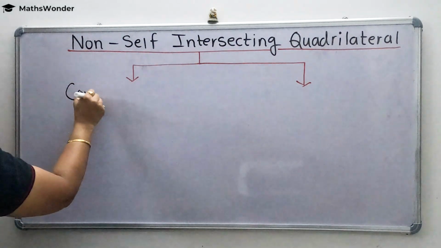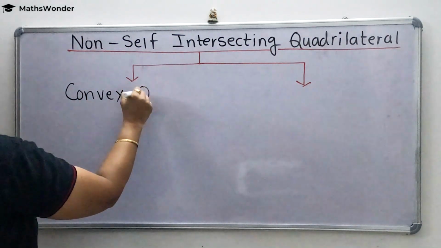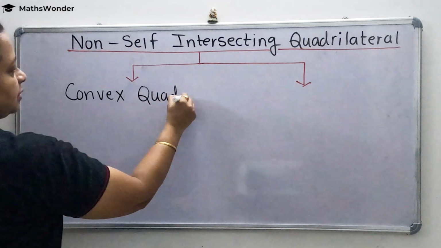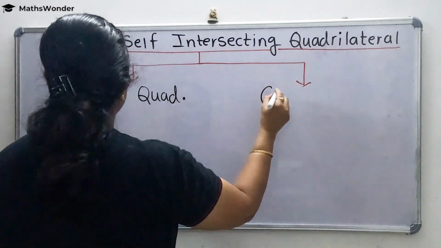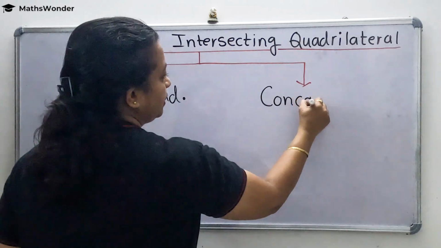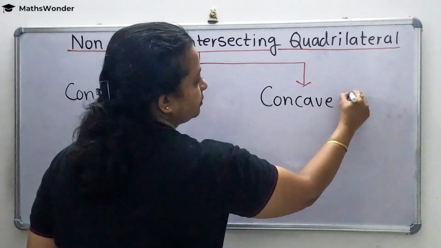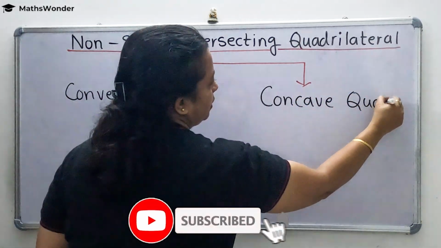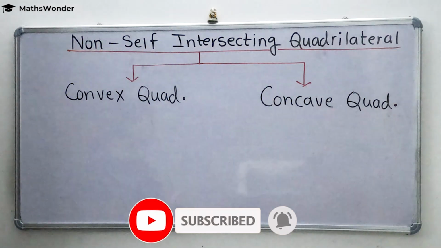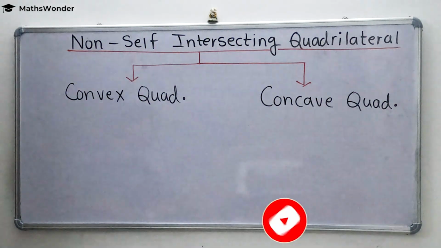Write down: convex quadrilateral and concave quadrilateral. Okay, they are classified into 2 types.